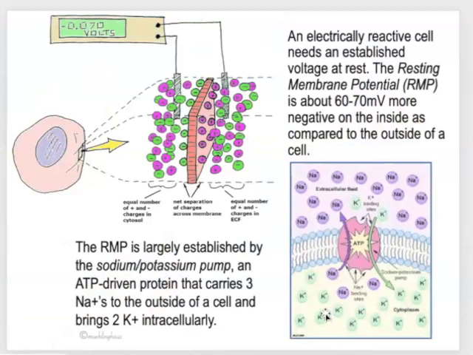Then we open some channels that let them flow freely, and all the sodiums want to flow into the other side and balance out. The sodiums, which cause that nerve spike impulse, carry that positive charge with them, and that creates the electrical impulse. We can measure that with voltage, which is the difference between positives and negatives from side to side across a boundary.